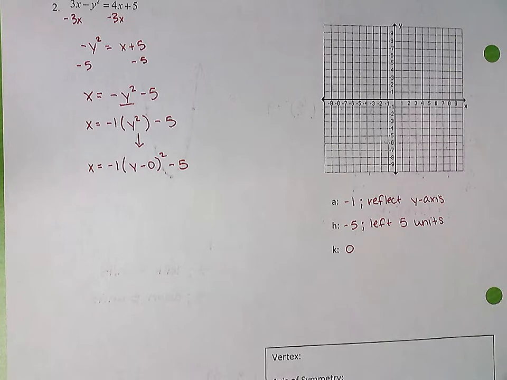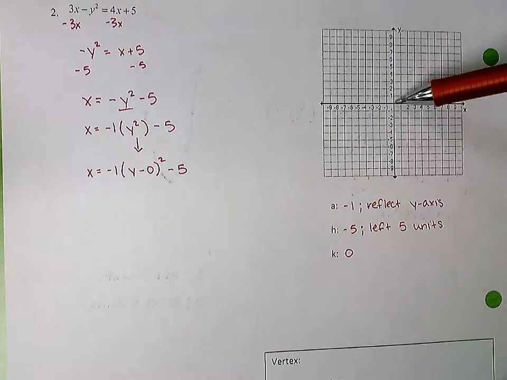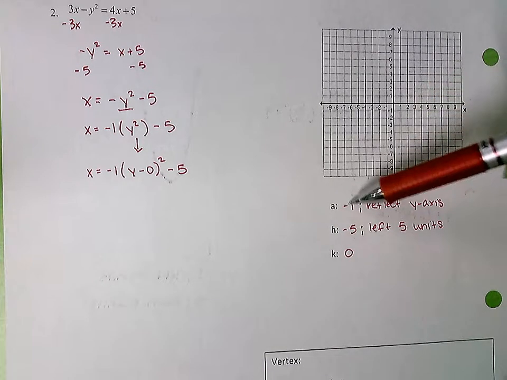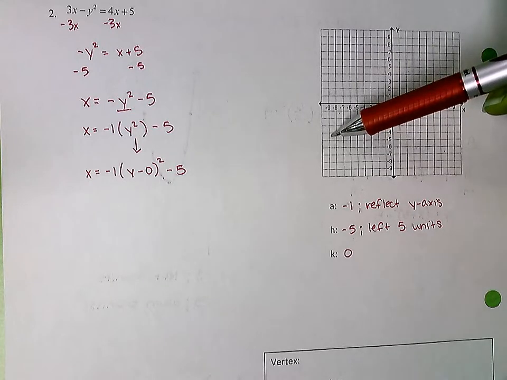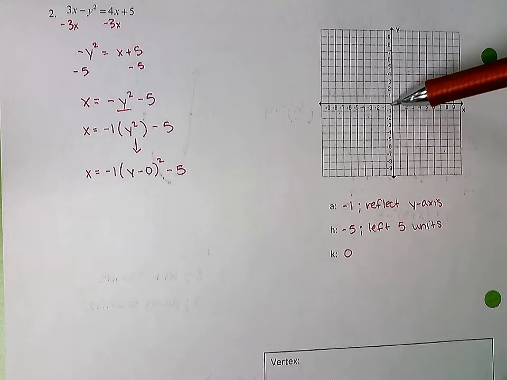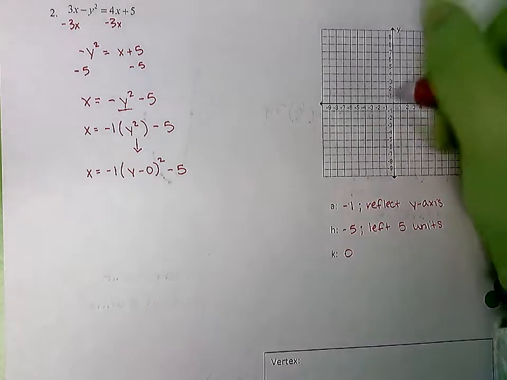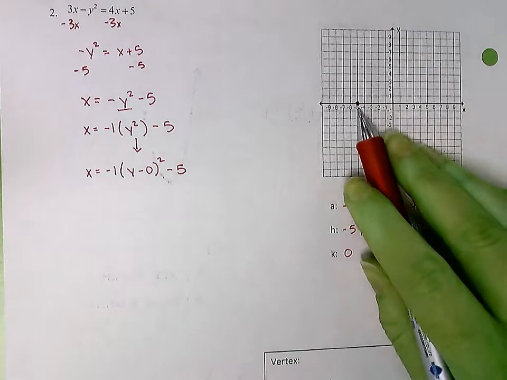So from your parent function, since this is a negative a, you're going to open to the left. We also need to move that vertex point to the left 5. So my point will be at negative 5.